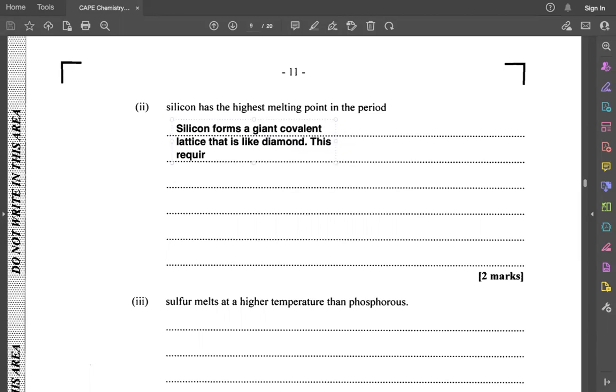This requires a lot of energy because we have to break a large number of strong covalent bonds because it's a network now, right? It's a network of bonds. So we have to break large number of strong covalent bonds.